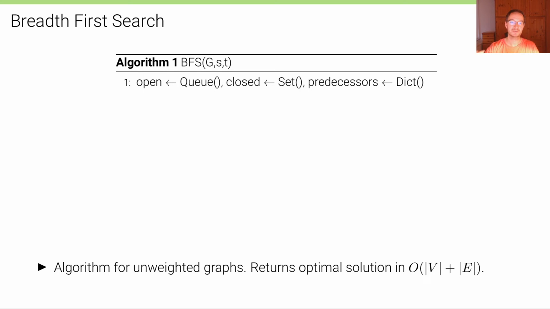So we're going to use that as an intermediate storage memory for storing how to backtrack later once we've found the path.